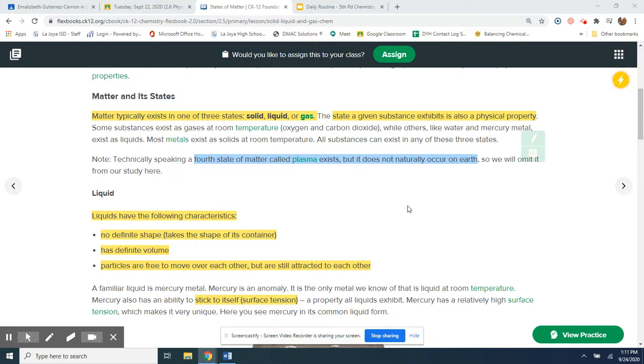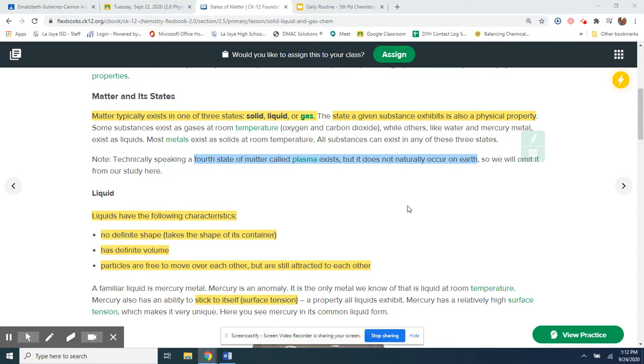Mercury is one of those unique metals that is liquid at room temperature. Most metals are solids at this temperature. All substances can exist in any of these three states, depending on what temperature you have your substances in.